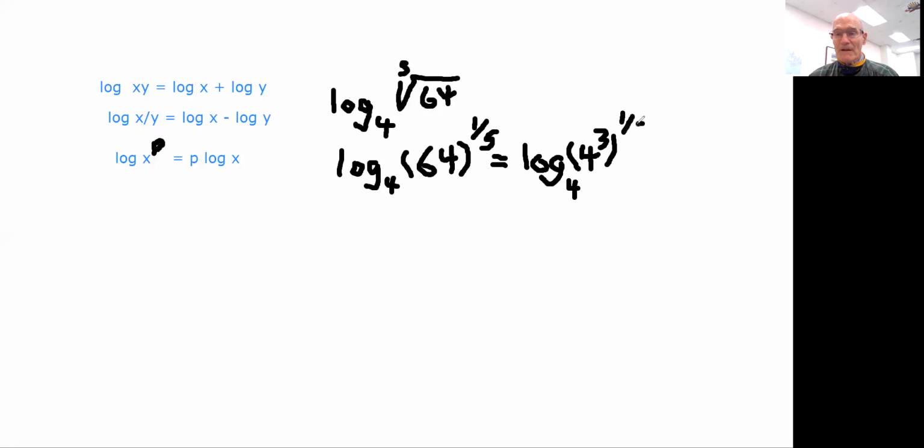Remember, if I'm raising a power to a power, I multiply. So I get log base 4 of 4 to the 3/5 power.